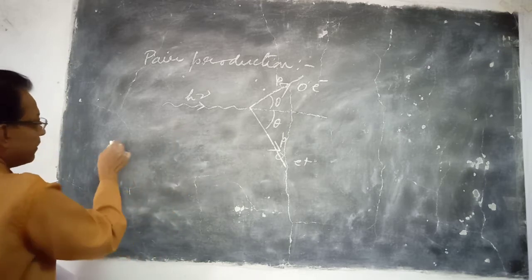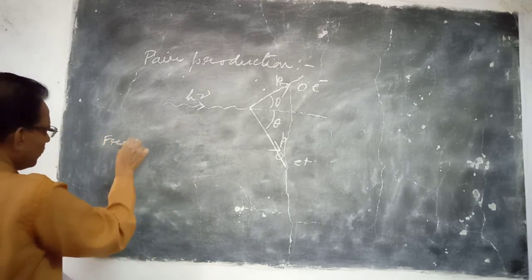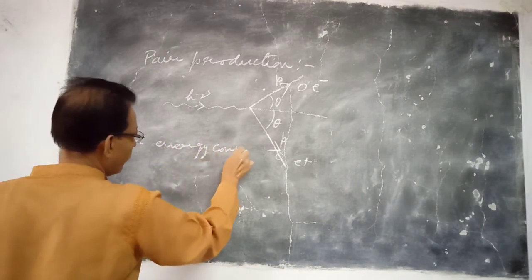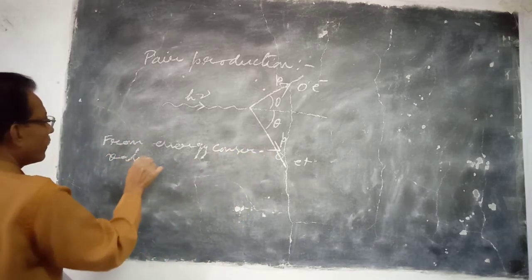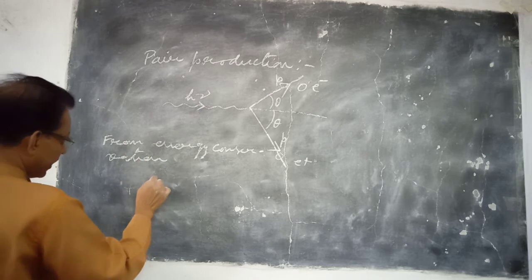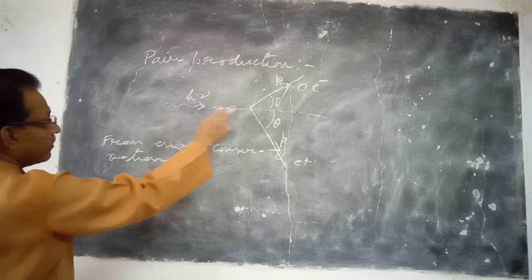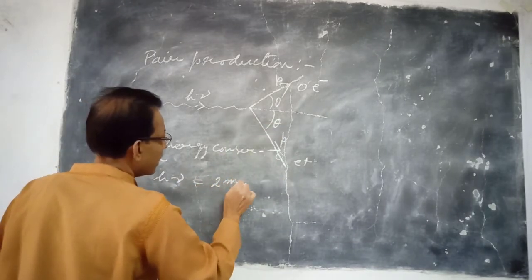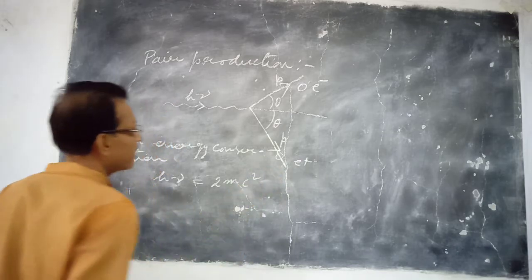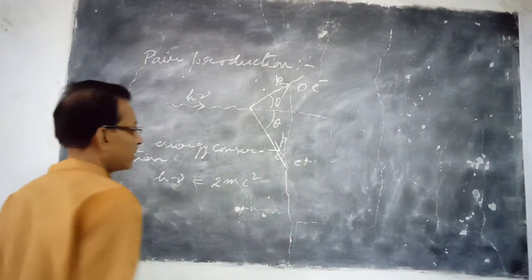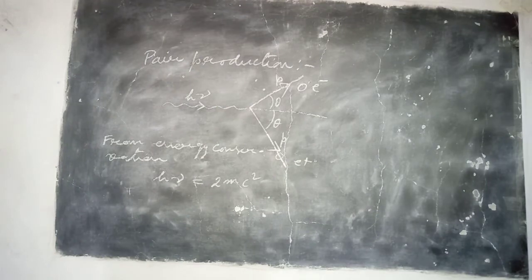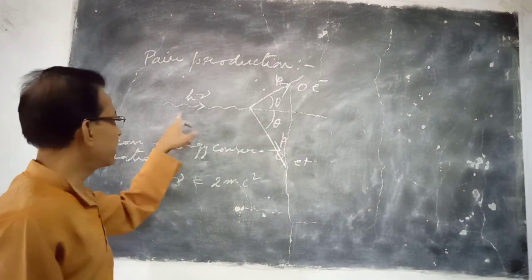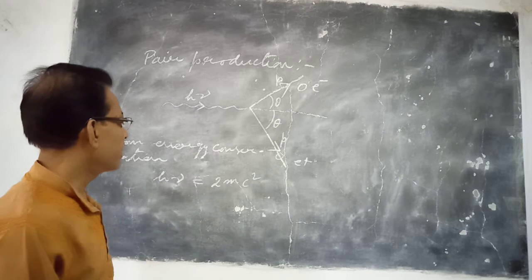From energy conservation, h nu, the initial energy, is equal to the final energy, twice mc square. Both have the same mass. The masses of the electron and positron are the same, only the charges are different, plus and minus. So the initial energy is h nu and the final energy is twice mc square.